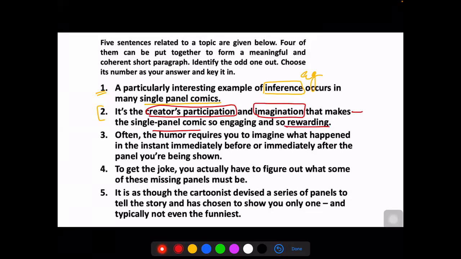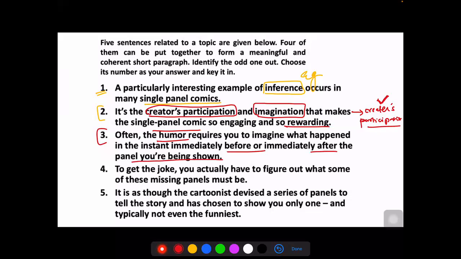Here the sentence revolves around the creator's participation, who actually made those single panel comics, right? So the noun here is the creator, right? The third point says often the humor requires you to imagine what happened in the instant immediately before or immediately after the panel you are being shown.